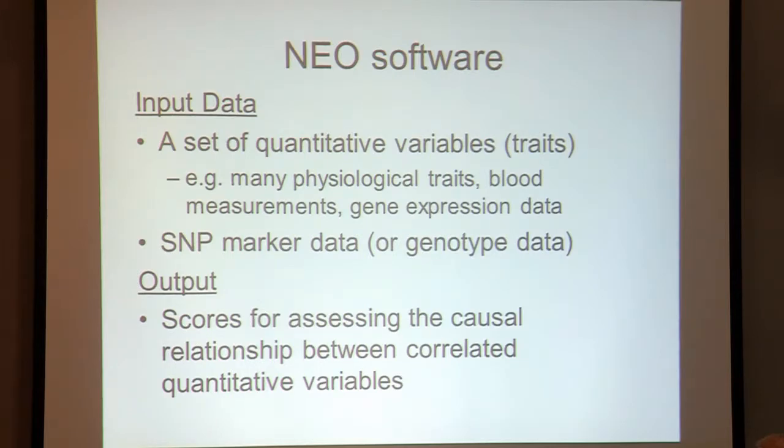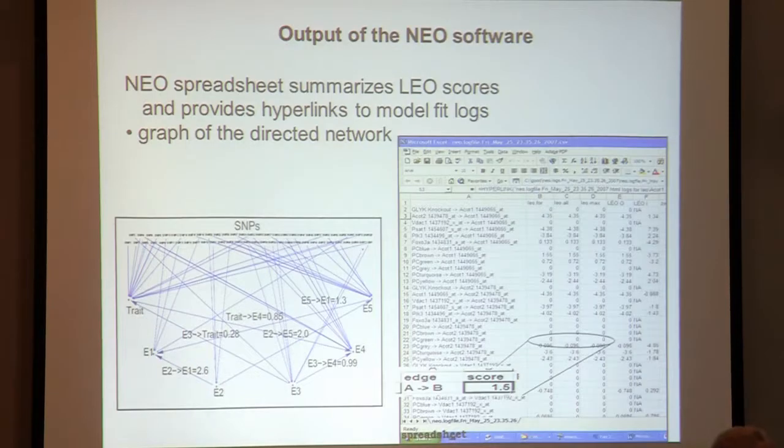It is important to have a numeric coding of these markers. I emphasize SNP markers here, but if you have other causal anchors, you could use them as well. The software and the R functions then output the LEO scores for assessing causal relationships between these correlated quantitative variables.